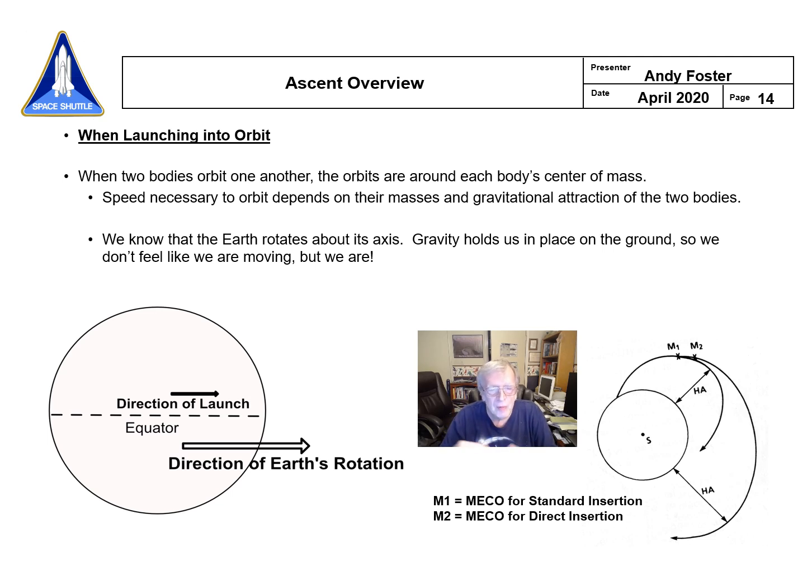We're going to talk about some of the mechanics of launching into orbit. So when you have two bodies that orbit each other, really the only thing that matters when you're talking about the orbits and where they relate to each other is the center of mass for those two things. And the speed necessary to orbit, of course, depends on the masses and the gravitational attraction of the two bodies. That's really what drives it all.